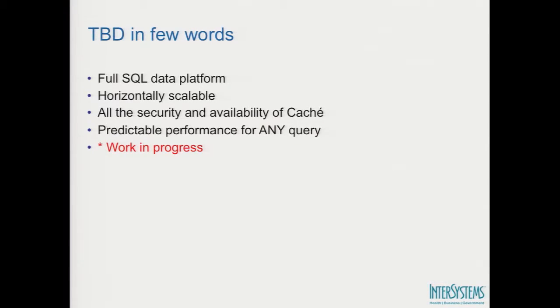As you heard from Robert, it would be not only SQL relatively soon, fully horizontally scalable, provides you all the security and availability that you know of Caché, and gives you predictable performance for any query. Doesn't matter what the shard key is, doesn't matter if tables are co-sharded or non-co-sharded. And an important disclaimer: it's work in progress, so not everything that I attempted to show you today essentially worked out of the box.